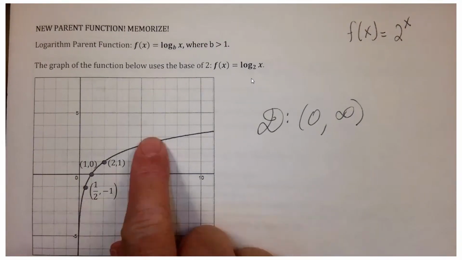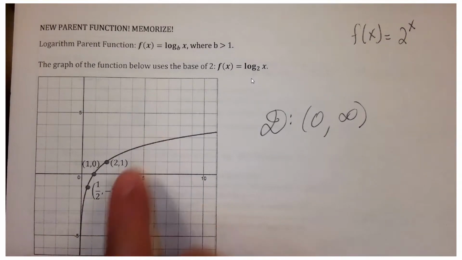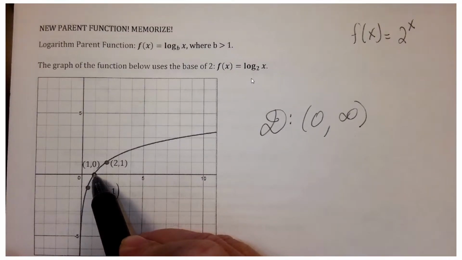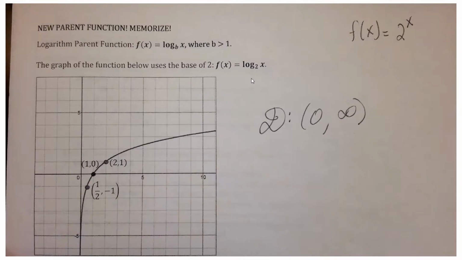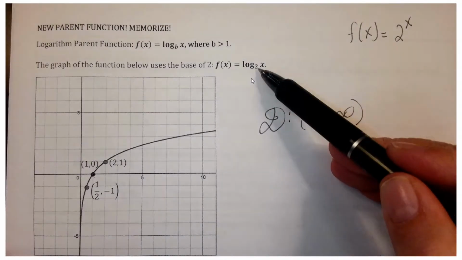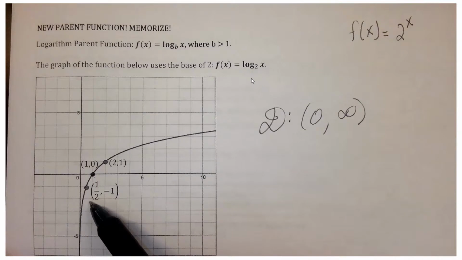One thing to note on this parent function is that this (1, 0) point shows up on every logarithmic parent function regardless of the base. So if there's no transformations on that function, that (1, 0) point will be there regardless. Now the base will make the other 2 points change slightly.